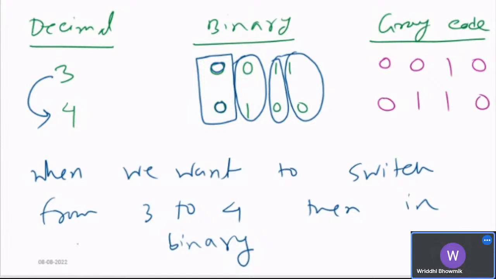Okay. So I will write the positions. Better I'll write it here. So we have B3, B2, B1, and B0, and we have G3, G2, G1, and G0.